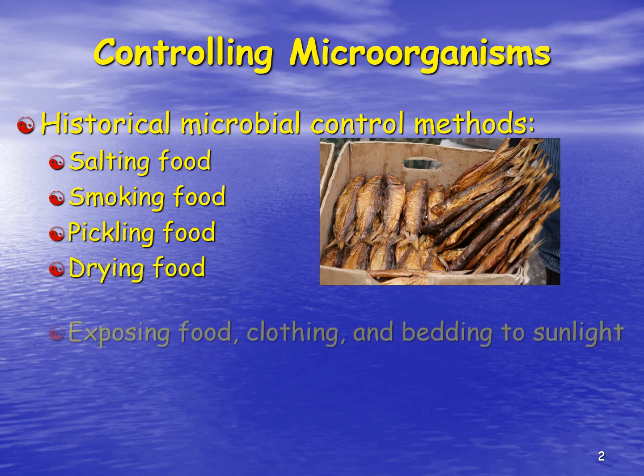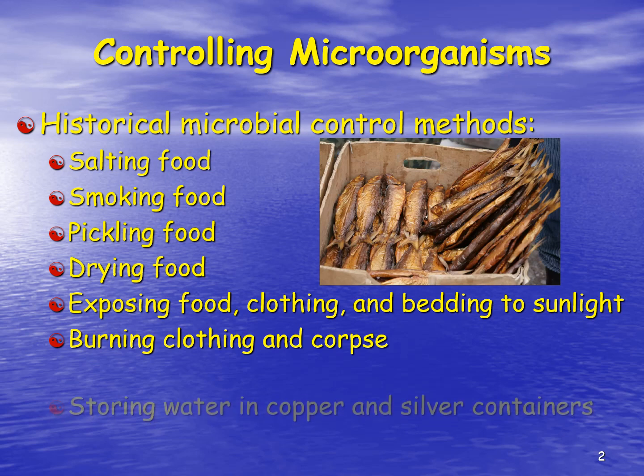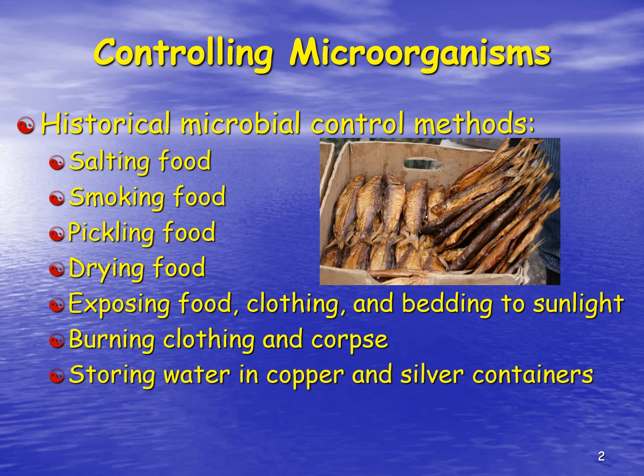Drying food, exposing food, clothing, or bedding to sunlight. And this was simply to use ultraviolet light to damage the DNA of the microbes. Burning clothing or corpses. This was the ultimate form of sterilization in the fact that it caused incineration. Storing water in copper or silver containers, as we do know that some of the heavy metals actually have antimicrobial properties.